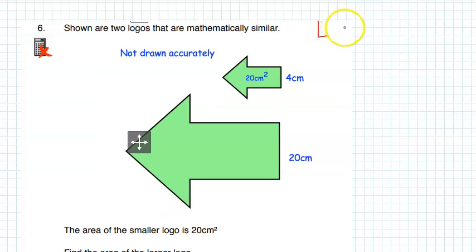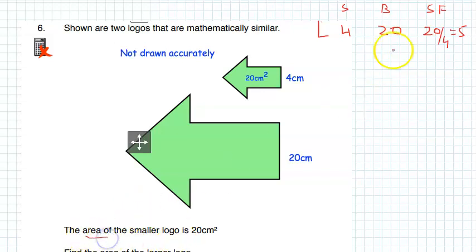The figure just disappeared. So the lengths are 4 and 20. This is a smaller figure, this is a bigger one. So the scaling factor is 20 over 4, that is 5.